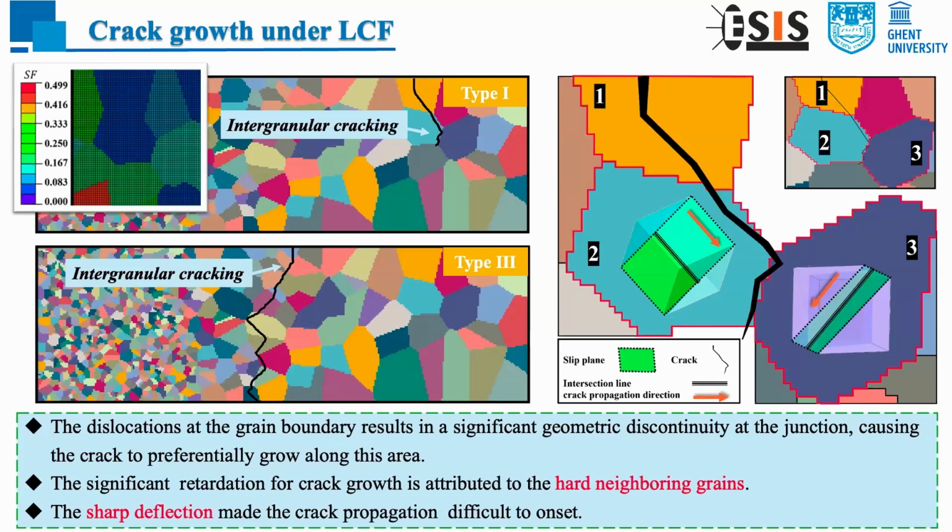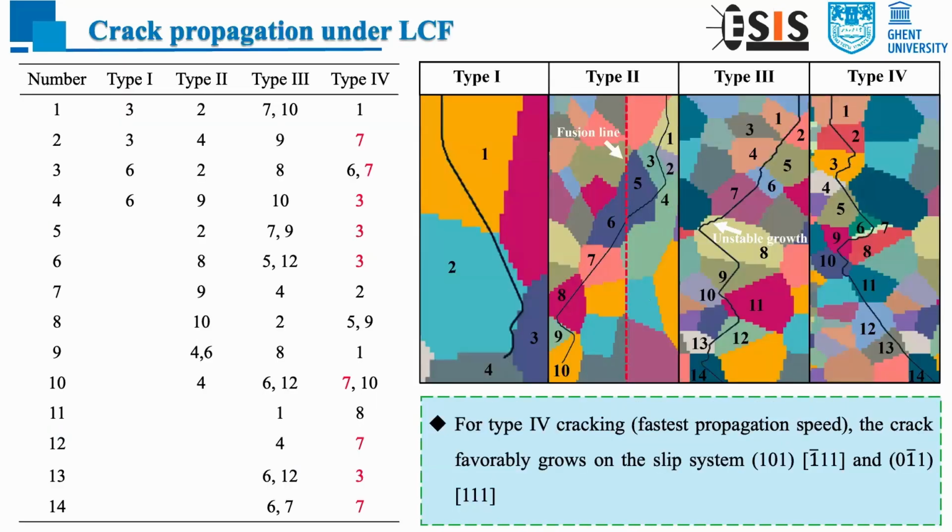And the second reason is the neighboring grains, which can be seen from the Schmid factors. All these grains have very small Schmid factors. Because the orientation in our model is randomly set, and the microstructure follows the real experiment, our simulation results, our model is representative.